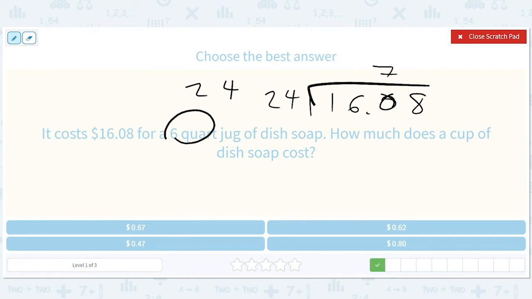1608. Oh, no. 1608 divided by 24. Okay. Oh, yeah, that's too big. Sorry, kids. That's a 6. So that's going to be 24. And then 6 times 2 is 12. So it should be 144.